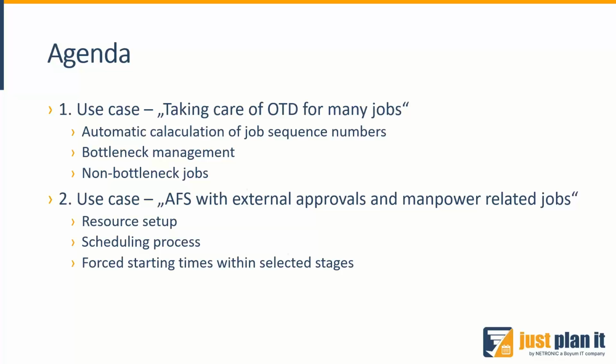The second use case, I guess, is also familiar to a lot of you. This is a use case that is manpower related, so most likely the focus of finite scheduling is on manpower. In this use case, additionally, we have an external approval process.